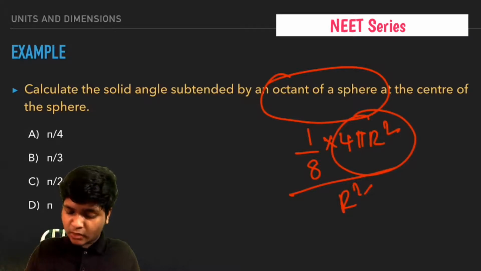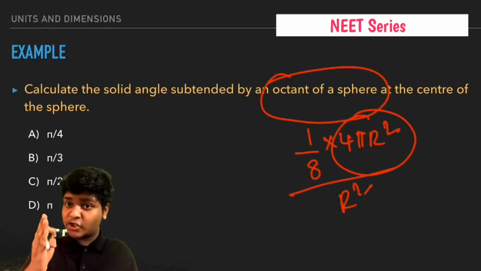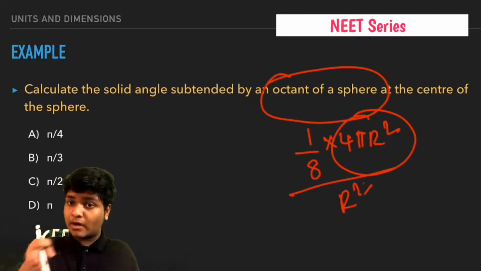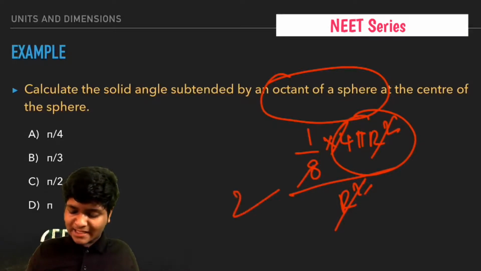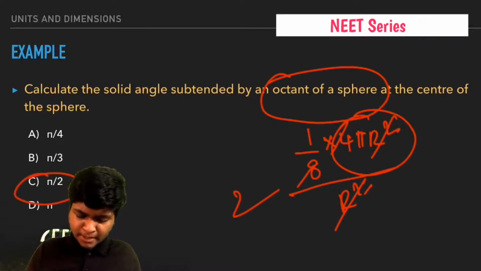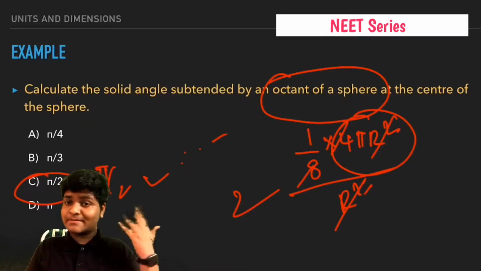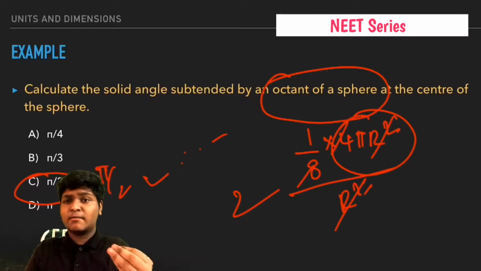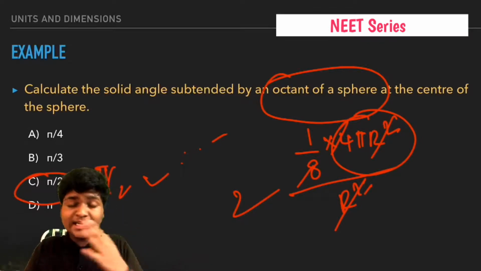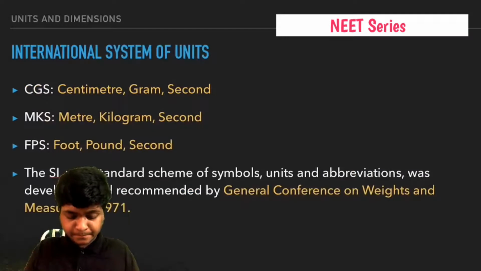They have mentioned octant of a sphere, which means 1 by 8, and we are going to cancel those. Pi by 2 is the answer. It's very simple. You have to remember those formulas and substitute them with the given values. Don't feel physics is difficult. It's very easy.